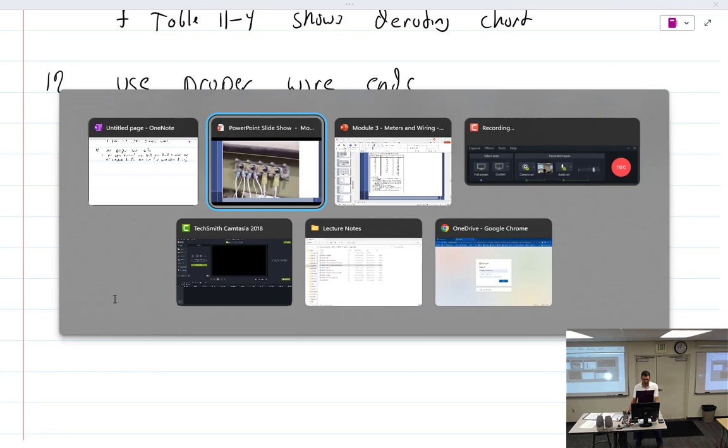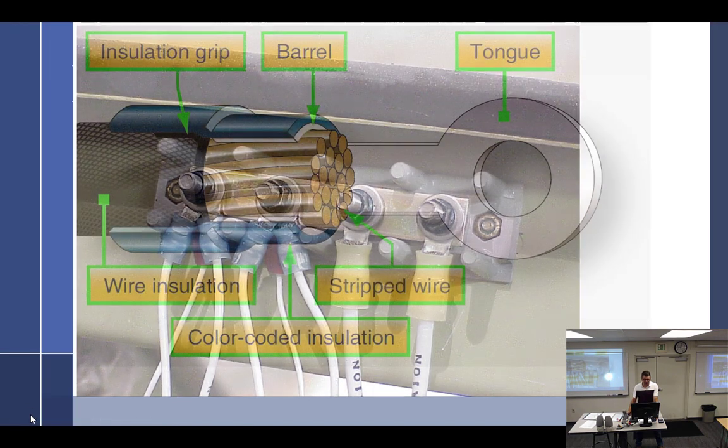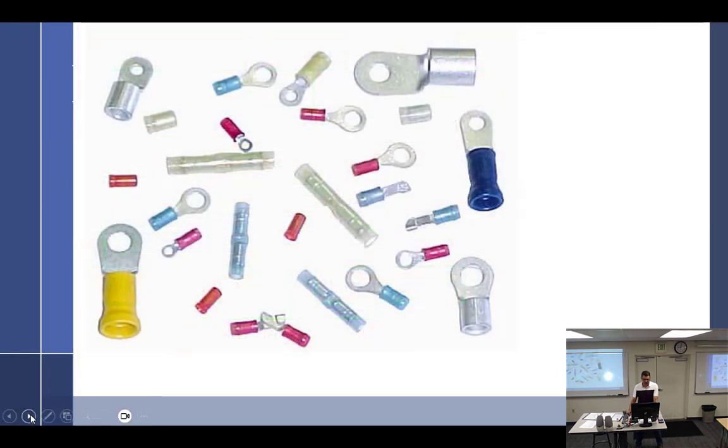So we have terminal ends. We have butt connectors. We have the different colors: red, blue, yellow, and nothing.